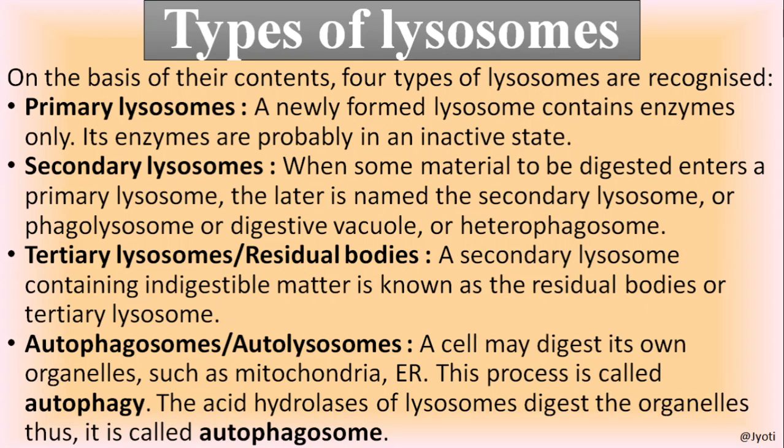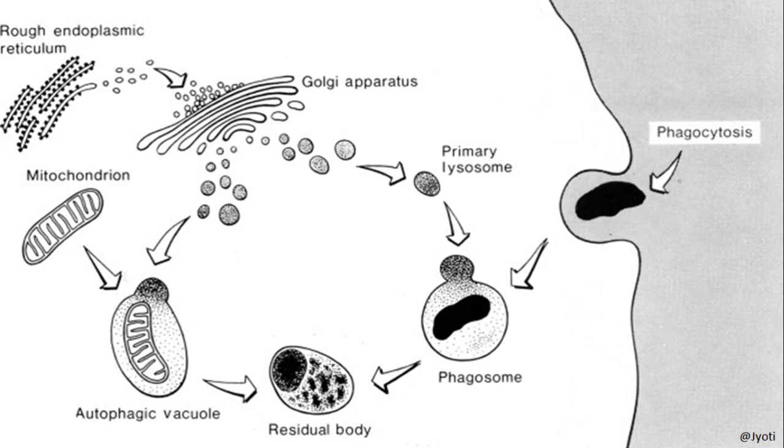Okay. So now let us see these forms of lysosome. As I have told you, the lysosomes are formed from the secretory vesicles of the Golgi apparatus. So this is the Golgi apparatus. From the Golgi apparatus, the lysosomes are produced, and these are the primary lysosomes.